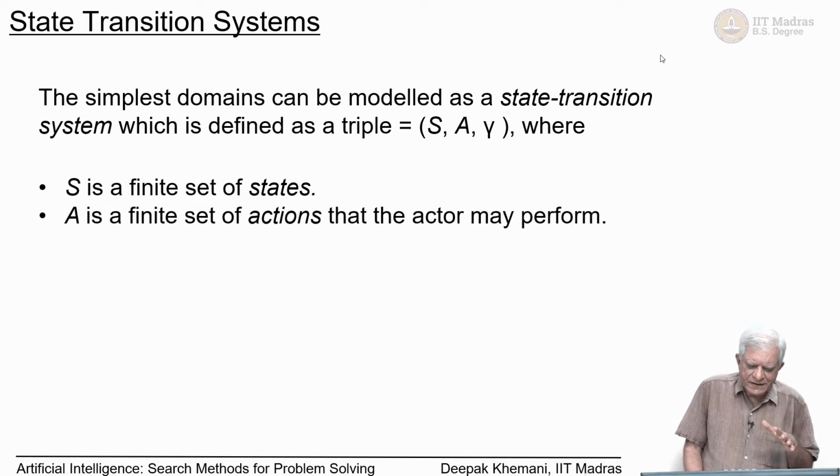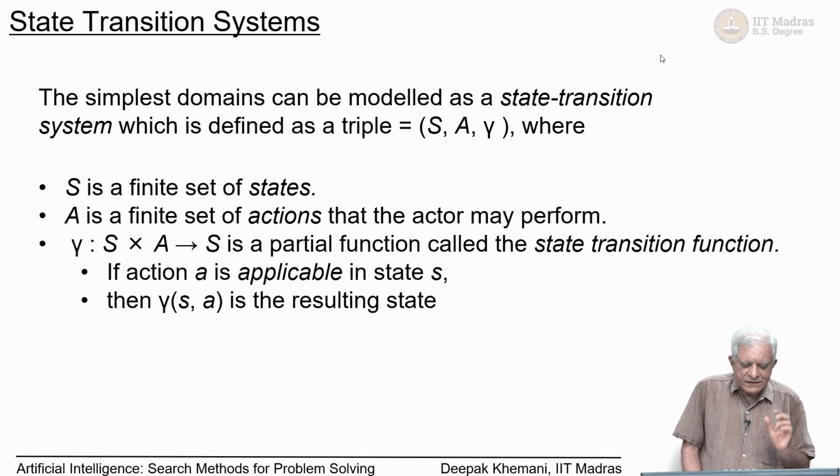So, S is a finite set of states, A is a finite set of actions that the actor may perform, and gamma is a function which takes a state and an action and results in a new state. So, this is a state transition function, that is how you go from one state to another. If you do this action A, then you will go to some state. If you do an action B, you will go to another state, and the state transition function tells us that essentially.